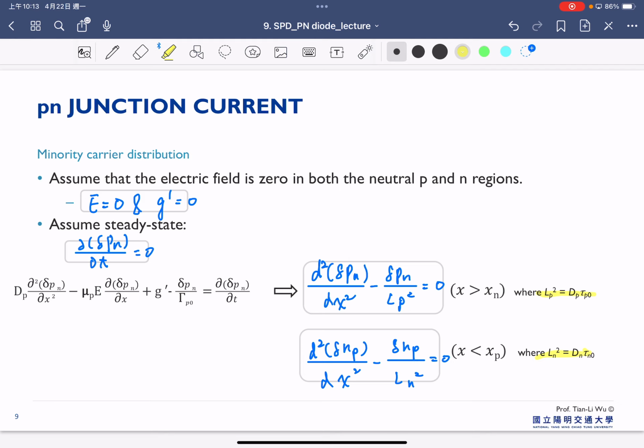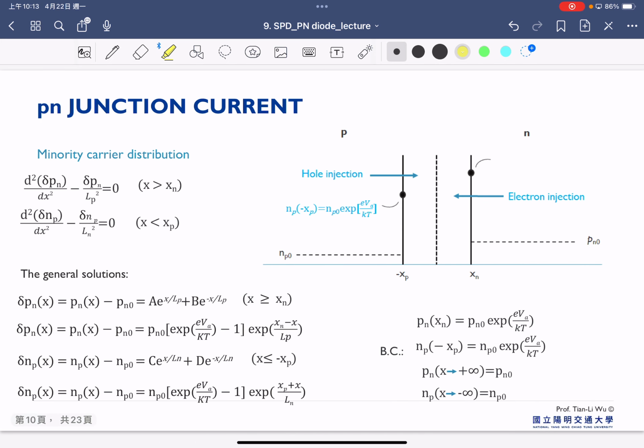And to further derive, we have to draw on the experience we learned from engineering mathematics. So as shown here, we have this equation which is x larger than xn, so that's this part.